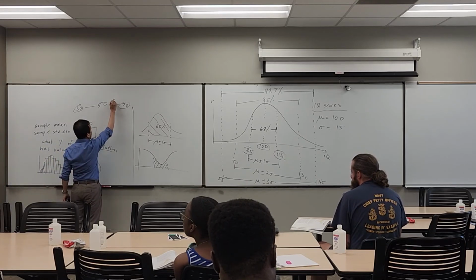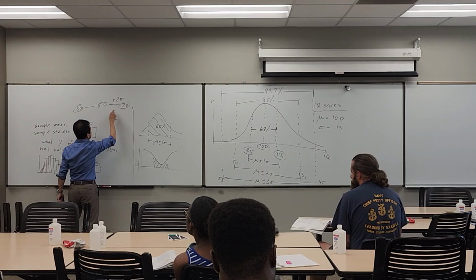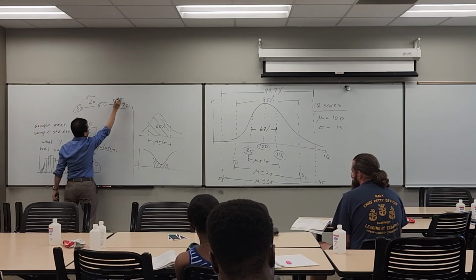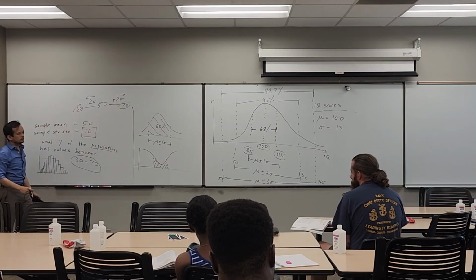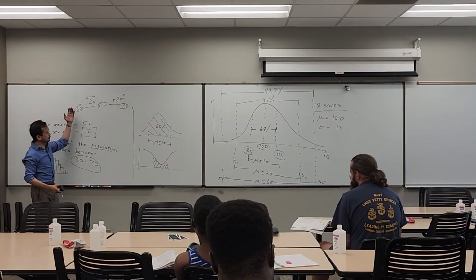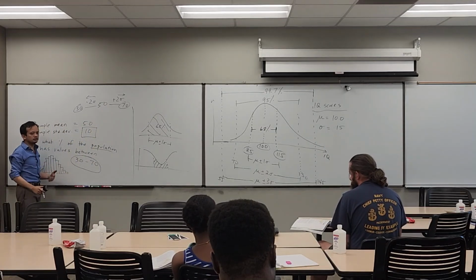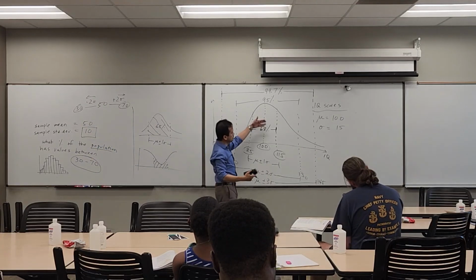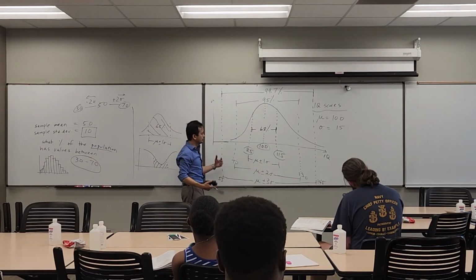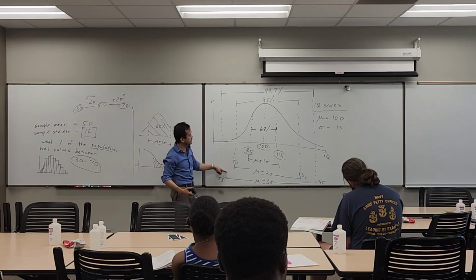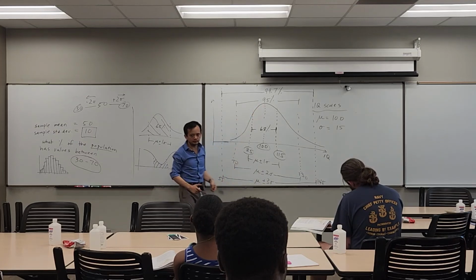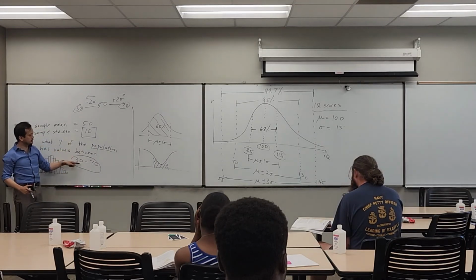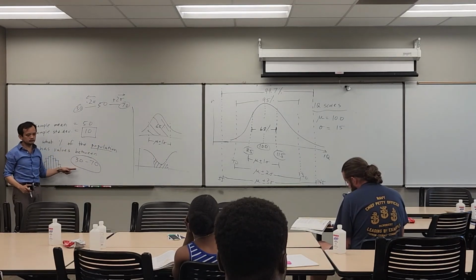So you're adding 2 standard deviations, going from 50 to 70, and over here you're subtracting 2 standard deviations, going from 50 to 30. So all these values between 30 and 70 are within 2 standard deviations of the mean. Then we use this rule that we talked about for bell curves, that all values within 2 standard deviations of the mean constitutes 95% of the population. So to answer this question, all values within 30 and 70 are 95% of the population.